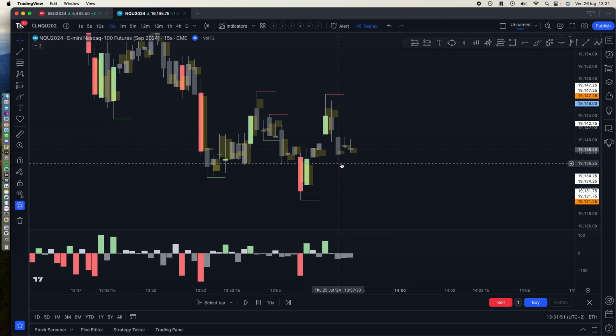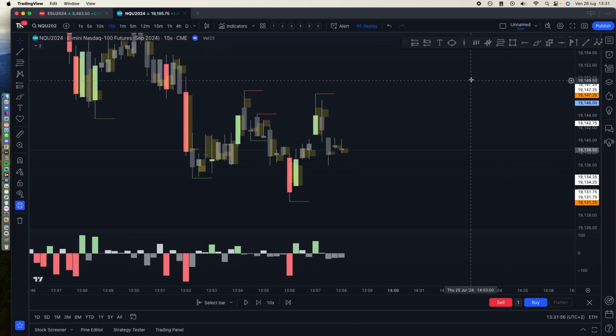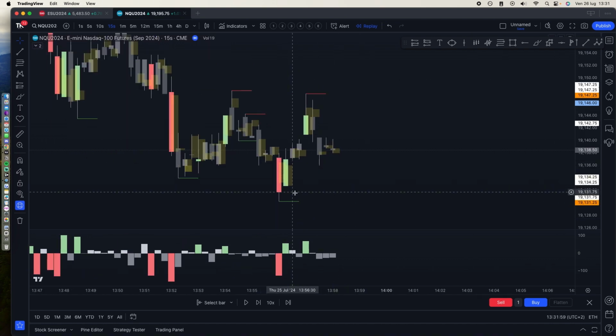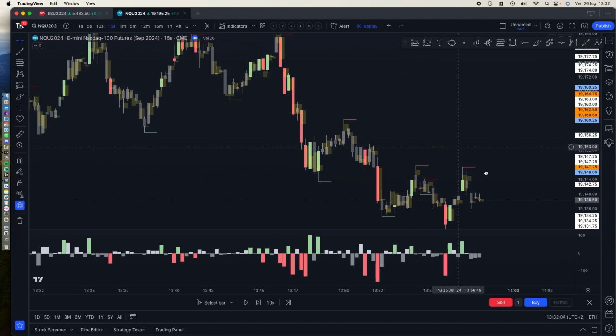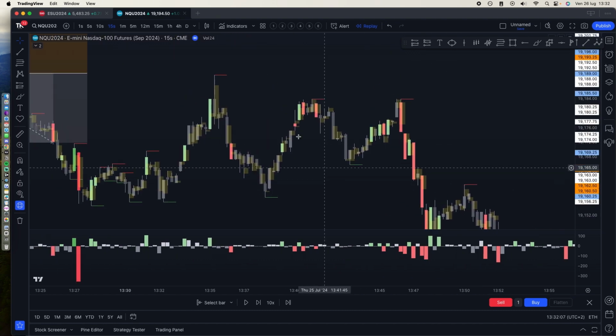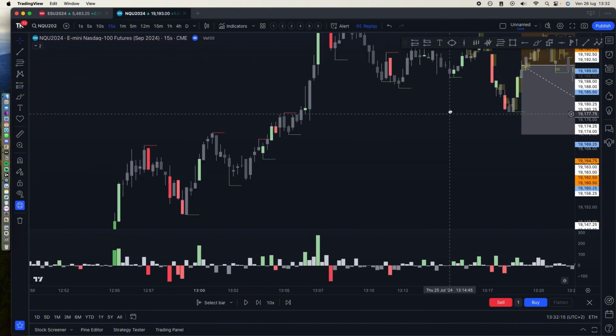Yeah, could be, but here we don't have any clear fair value gap, to be honest. There is no clear bullish pressure, because you always have to look to understand the logic behind it, always the same concept.